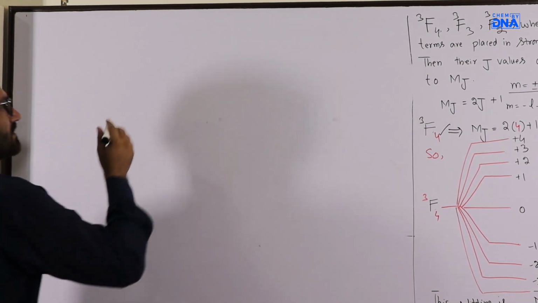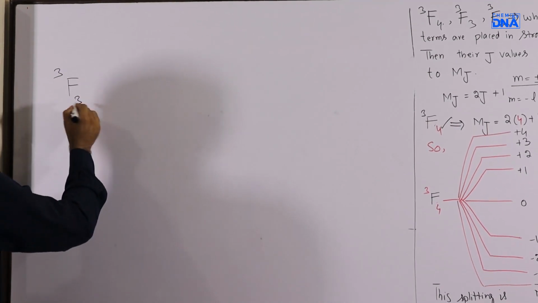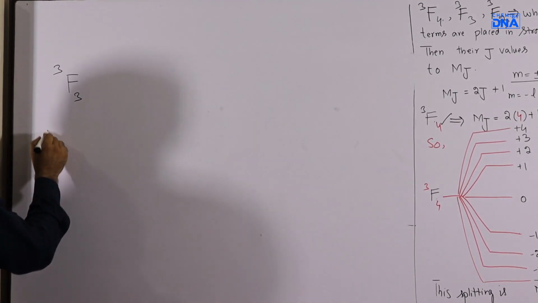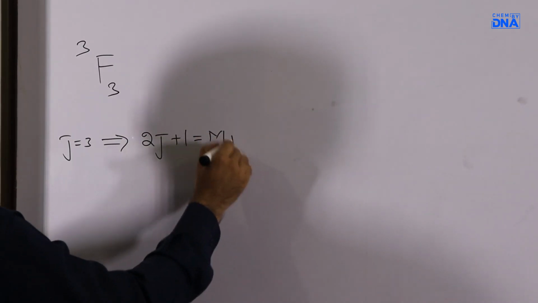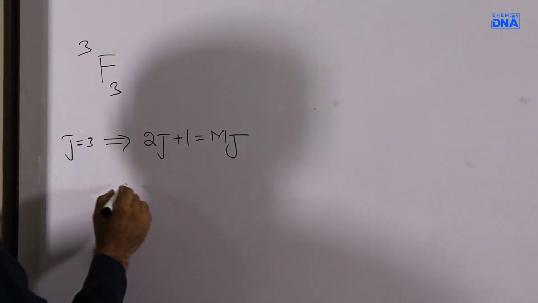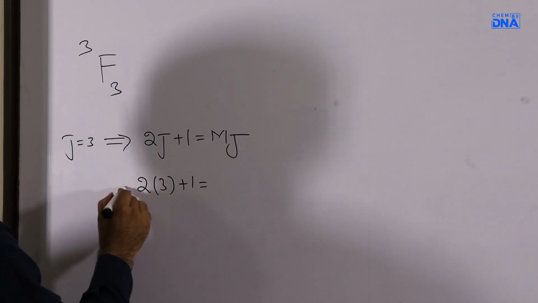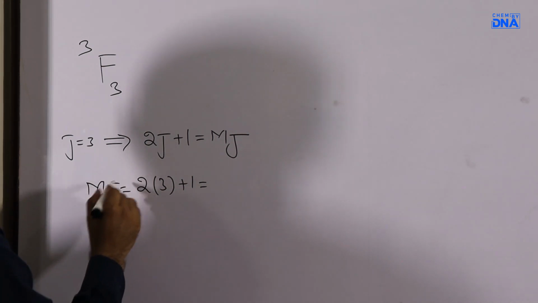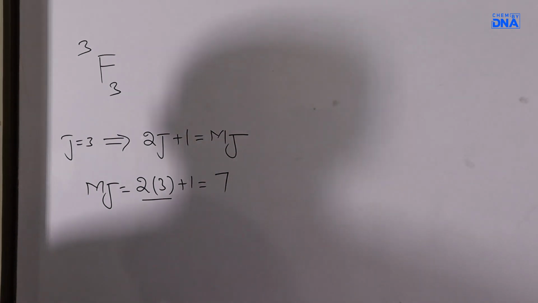Now let us see in this case, that is F triplet 3, the J value is 3, and by putting this into 2J plus 1, which is due to magnetic separating, you will get 2 into 3 plus 1, and here Mj values will be 7.